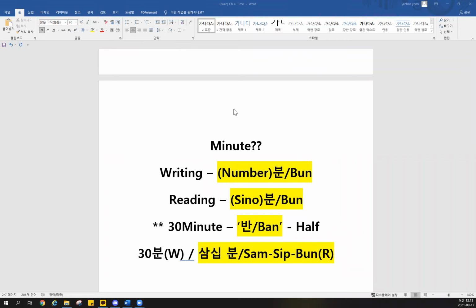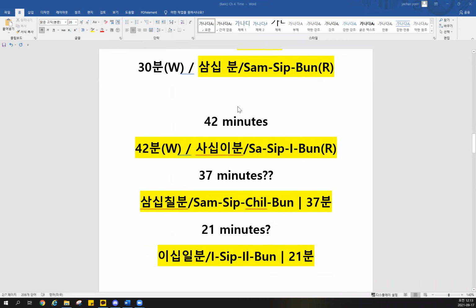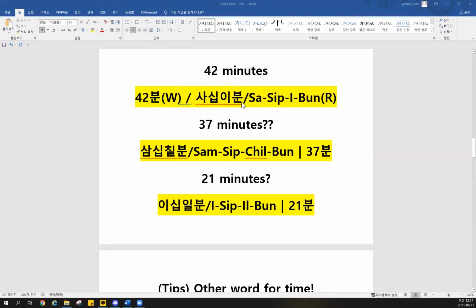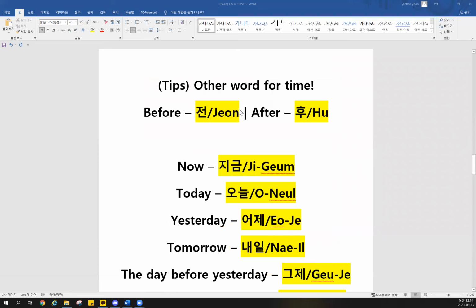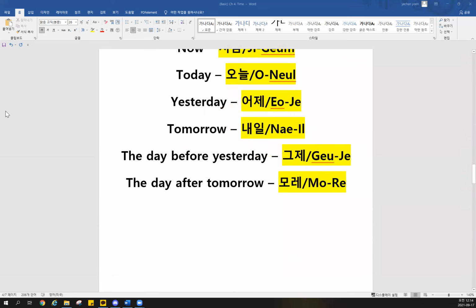So that is not my rule. That is from our Korean language institute. So I hope you can follow that rule.